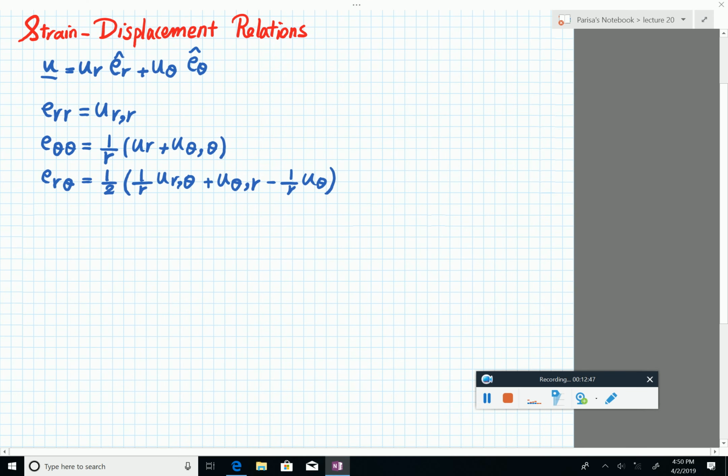And this is the definition for a 2D problem. So I write the useful relationships for plane strain and plane stress.